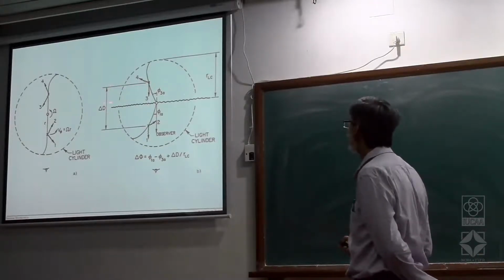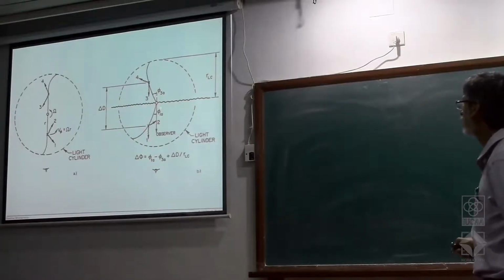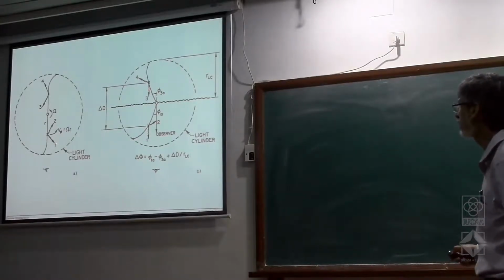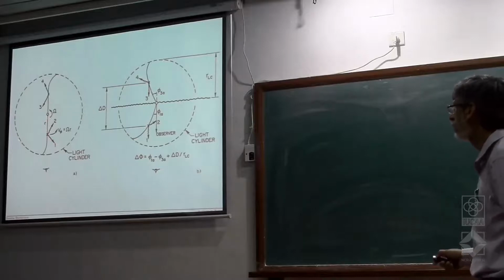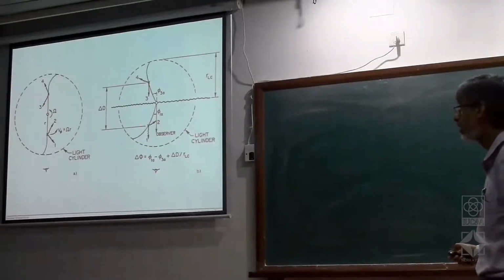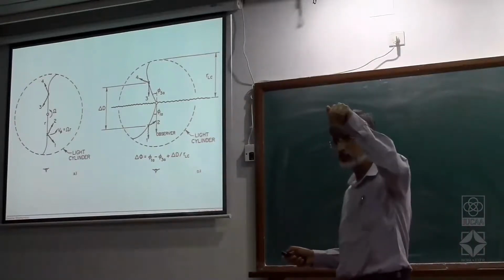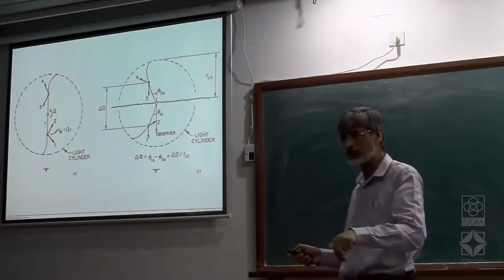So this is just to say that I take this and I go to the rotation phase where this is pointing towards me, and I take this and go to the rotation phase where this is pointing towards me. So there is a difference in rotation phase between these two to be directed towards the observer.